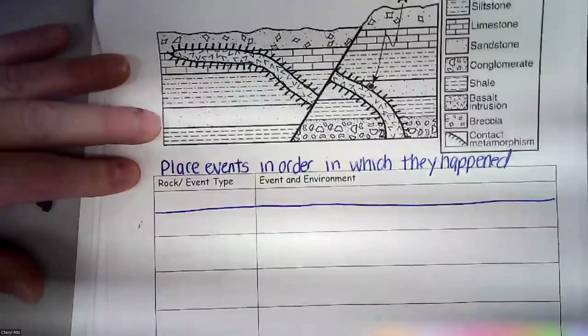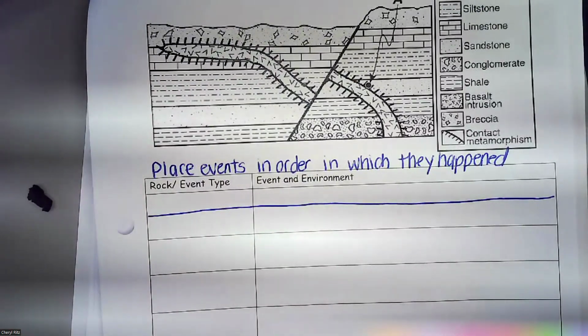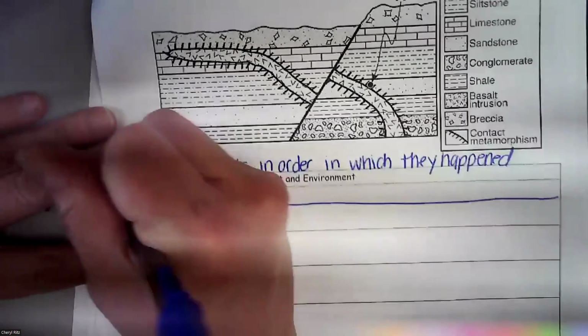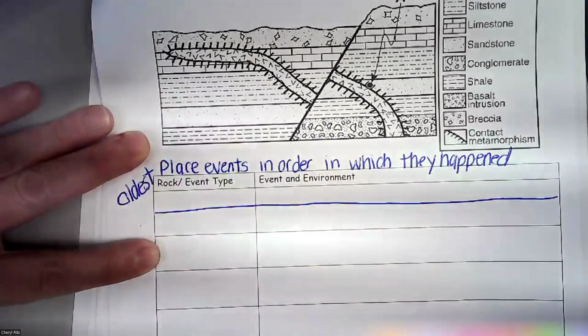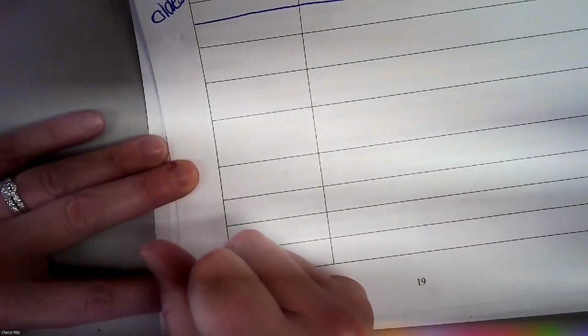In order in which they happened will be the directions the Regents is going to use. I think they could say it a lot more simple. But what does it mean? Place them in order in which they happened. What's going first, the oldest or the youngest? Oldest. So we're going to label this oldest here. And then at the bottom is going to be the youngest.